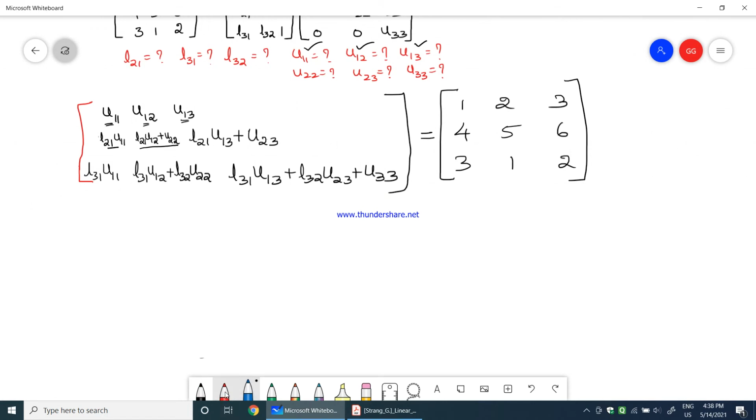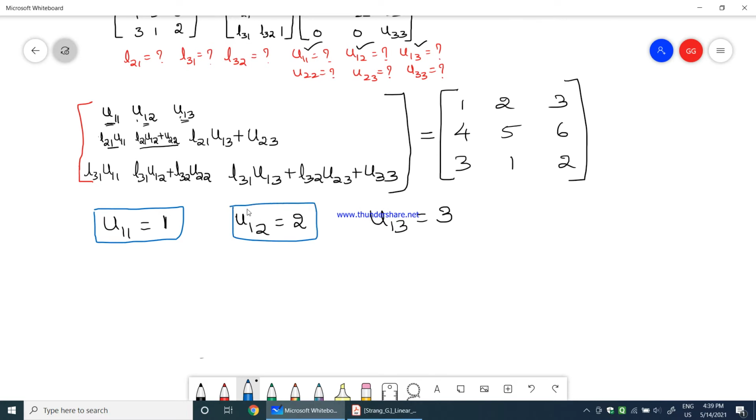So U11 will be equal to 1, U12 will be equal to 2, this element equated to this element, and U13 will be equal to 3. Therefore we got 3 unknown values already: U11, U12 and U13.